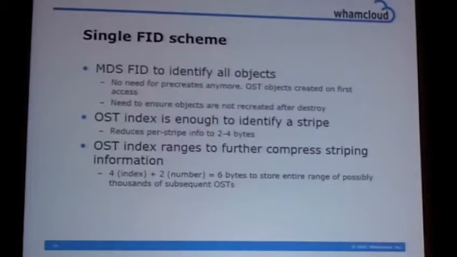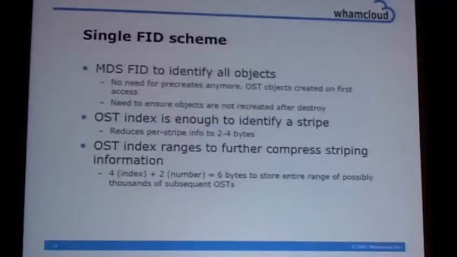Now, the problem with this approach is that it brings back object creates on writes. So the first write will create the object, and we can't pre-allocate such objects in a reasonable manner. This approach was already tried in some early 1.6 releases, and it brings a lot of troubles with it.